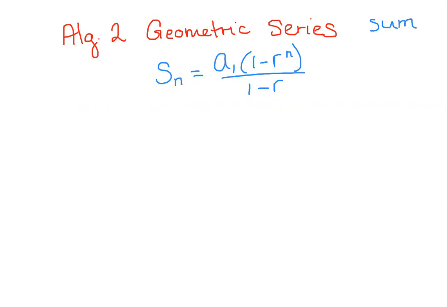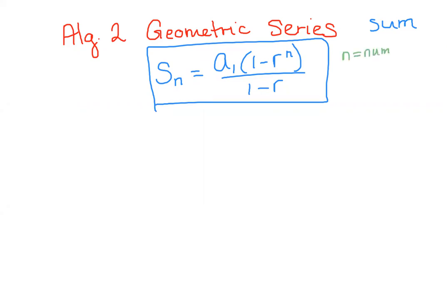And this is the formula that we're going to use for a geometric series, where n equals the number of terms that you're adding up, and a1 is the first term, and r is the common ratio.